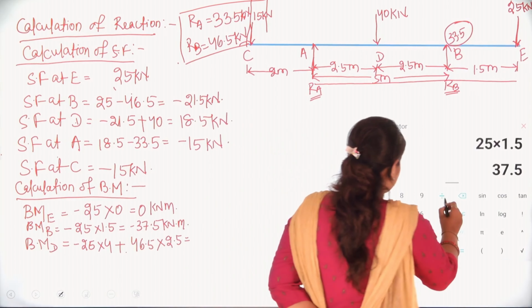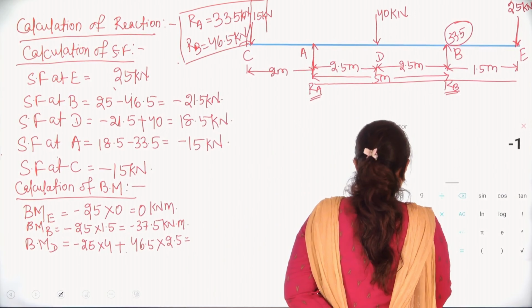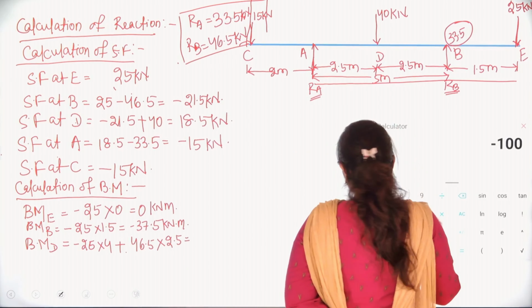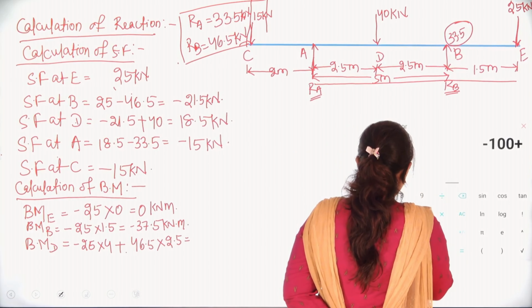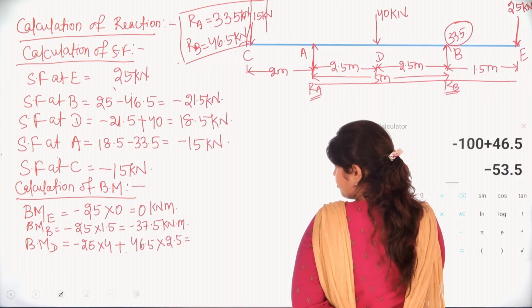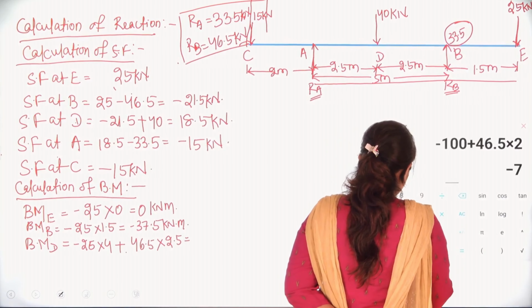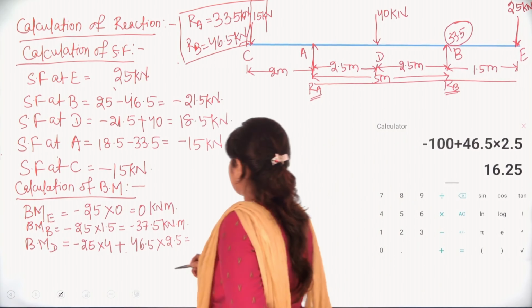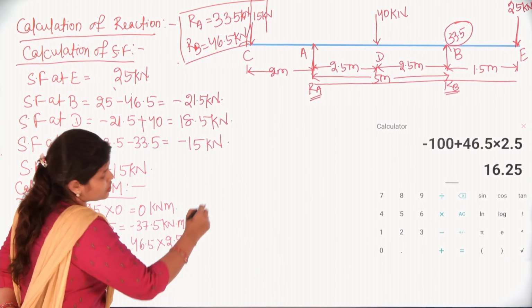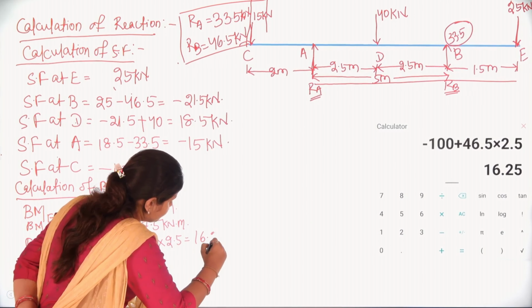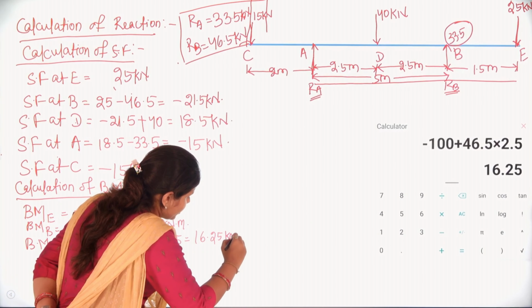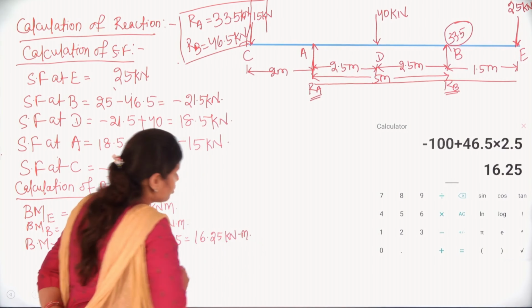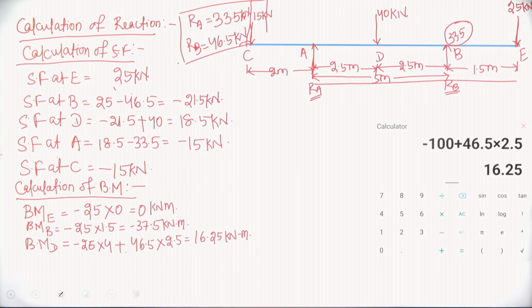So it will be minus of 100 plus 46.5 into 2.5. That is 16.25, and your unit is kilonewton into meter.